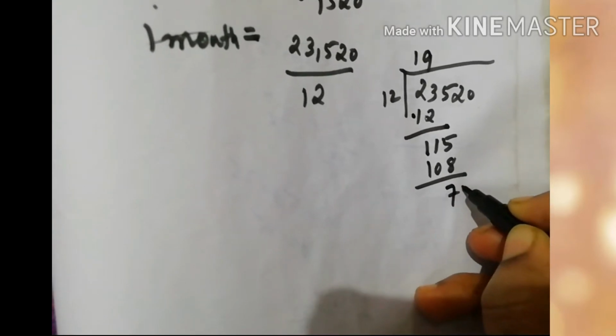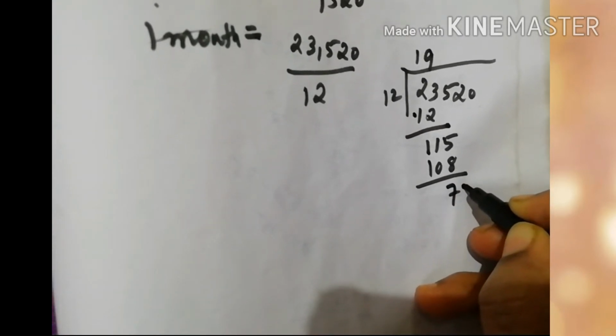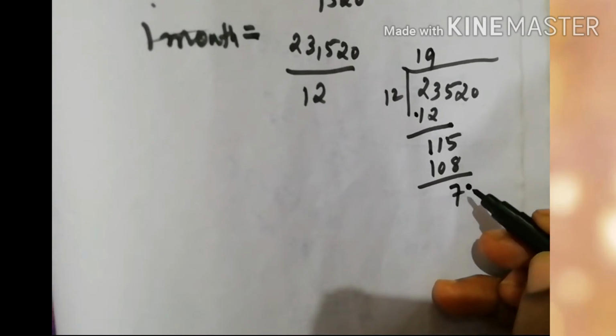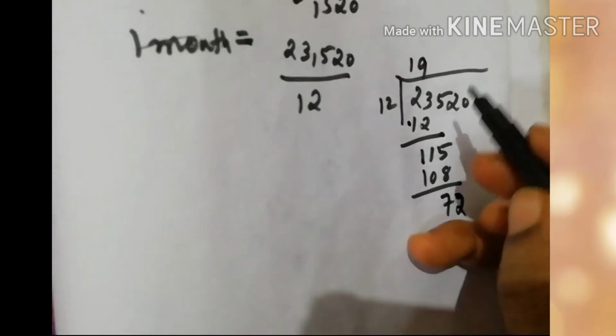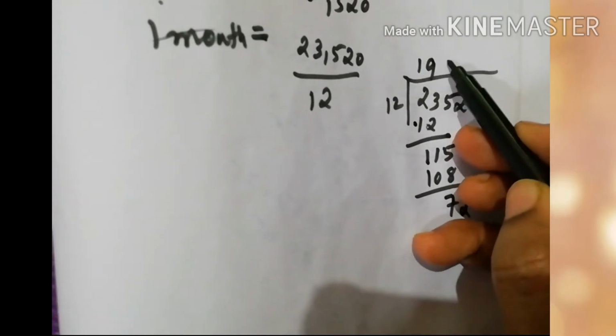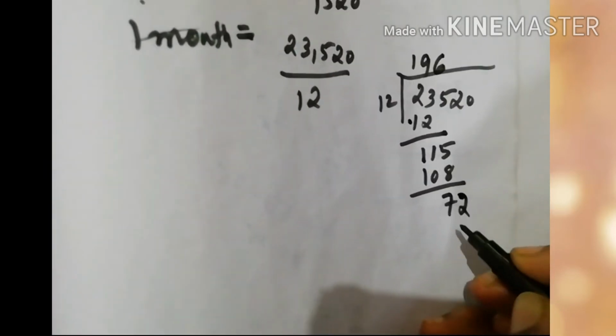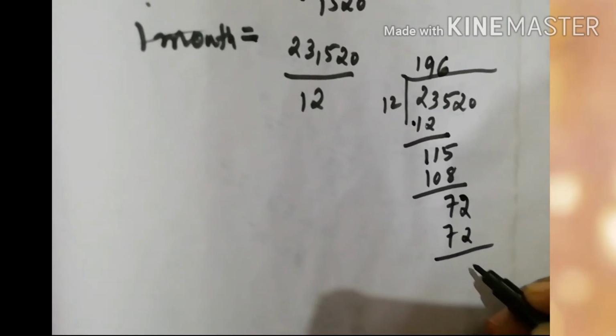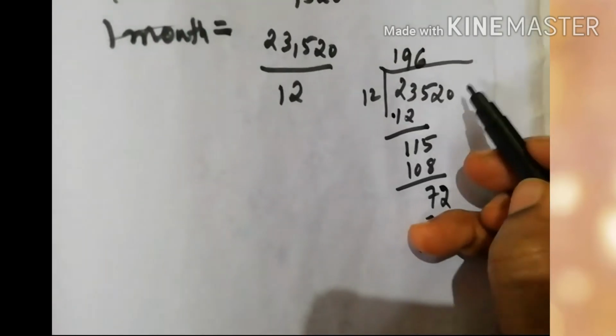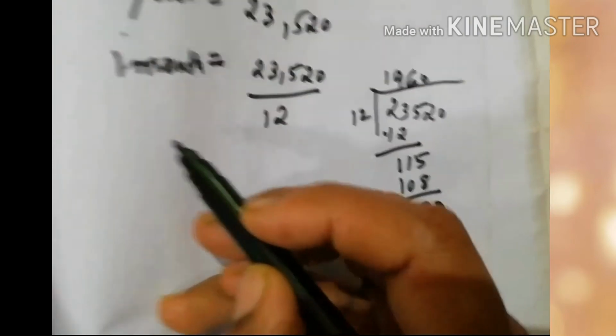Okay, next, 72. 12 into 6 is 72. Those who know the multiplication table can easily do it. Okay, we need to put this 0 here.